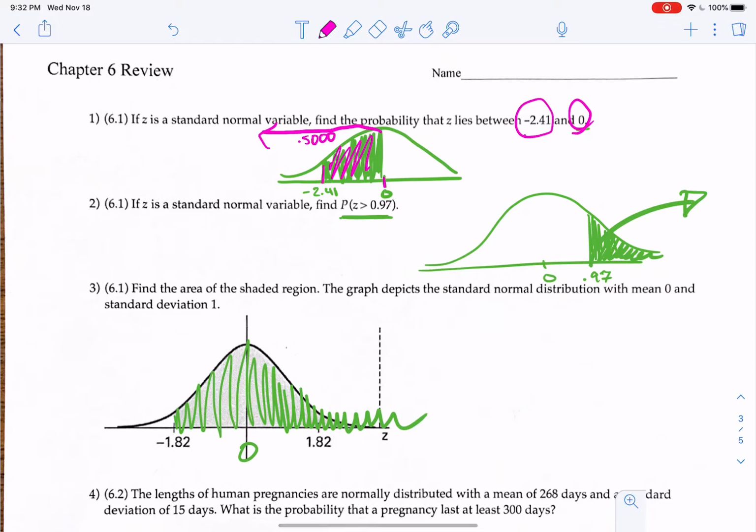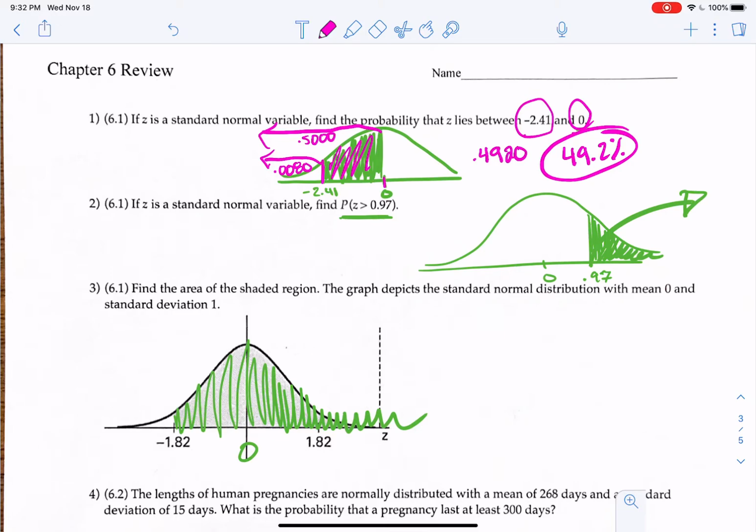And then we look up negative 2.41 on the chart, and that is 0.0080. If I subtract those two, that means 0.4920 or 49.2% of the scores are going to live between those two values.